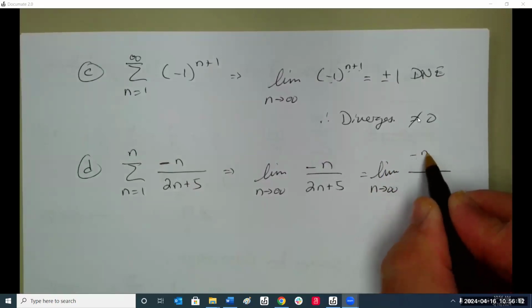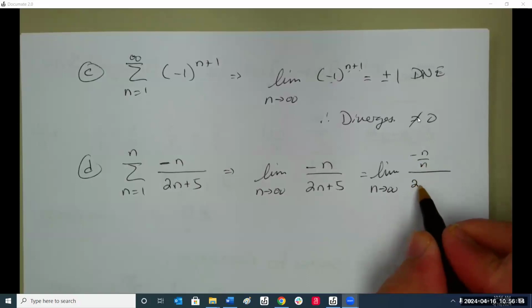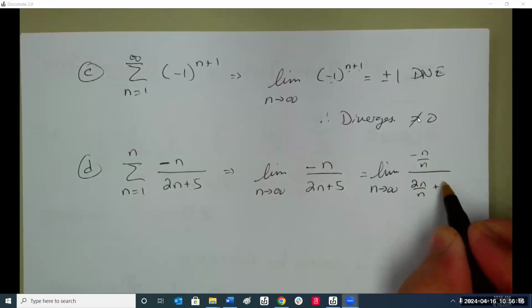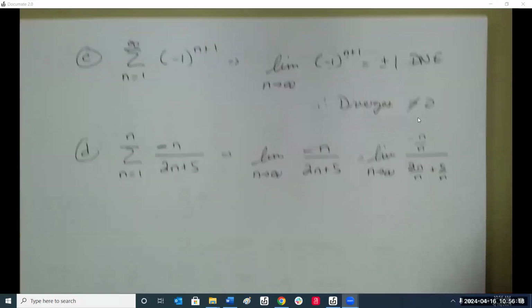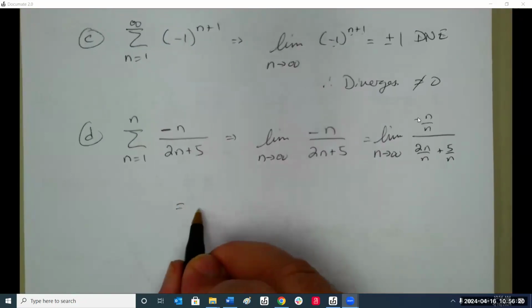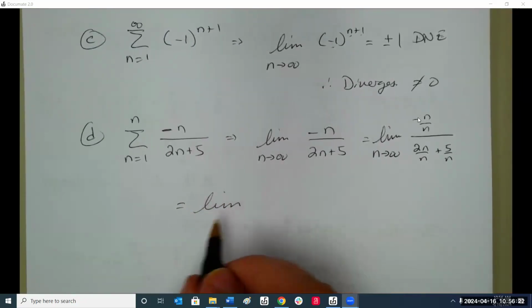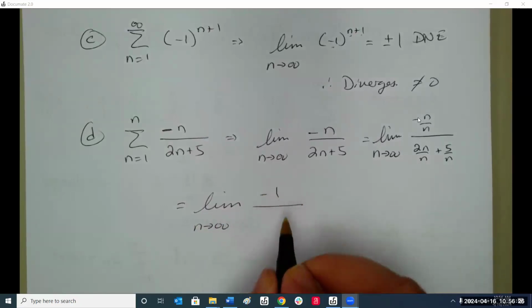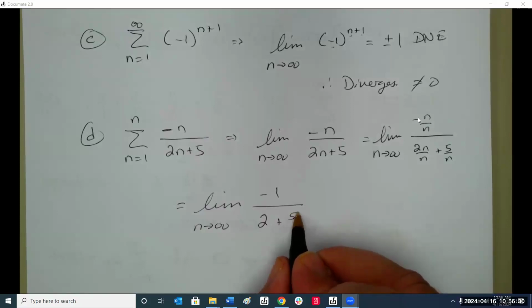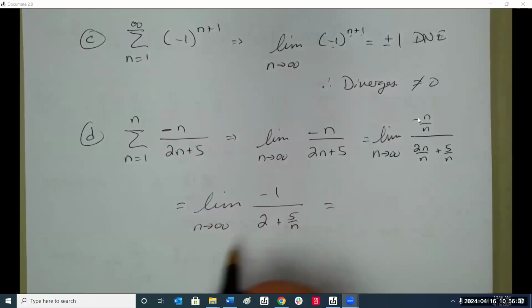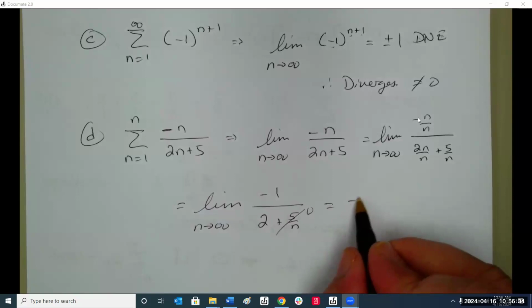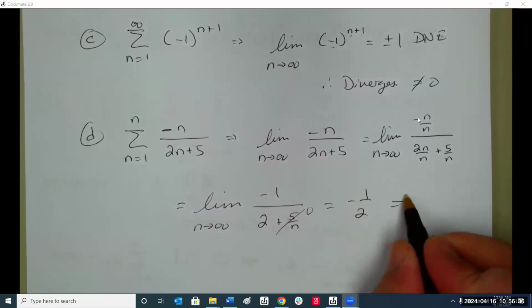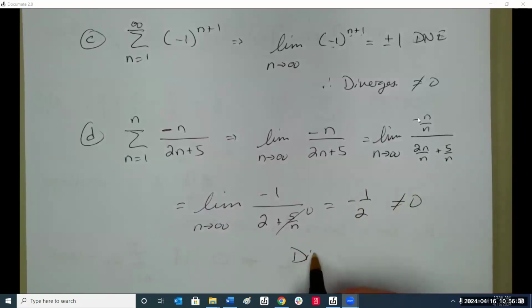So we have negative n over n, 2n over n, 5 over n. So it's negative 1 over 2 plus 5 over n. As n goes to infinity, we end up with negative 1/2, which is not equal to 0, so it diverges.